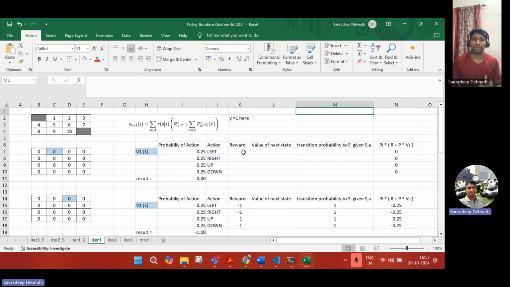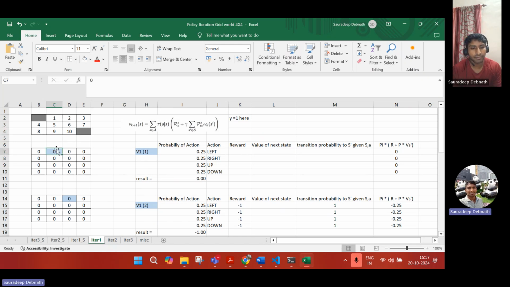But here we'll just do the policy evaluation for the first iteration of policy iteration, right? I have just pasted the formula here, and gamma is 1, there is no discount. Now let's try to evaluate this state, which we are denoting as state 1, because the terminal states are already 0, we know, and we have initialized everything as 0.